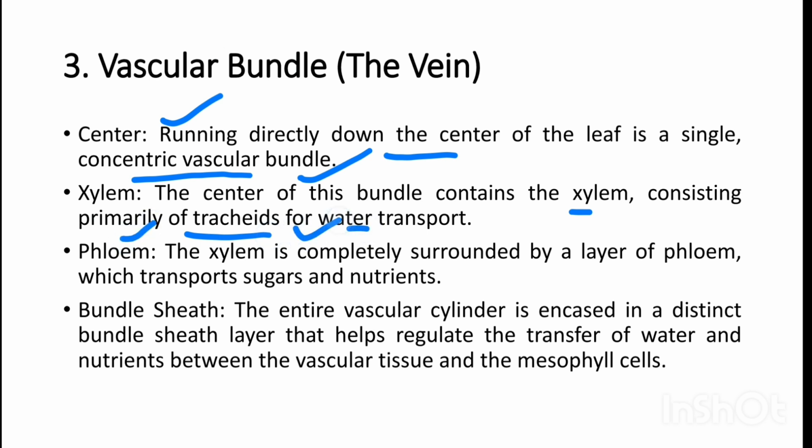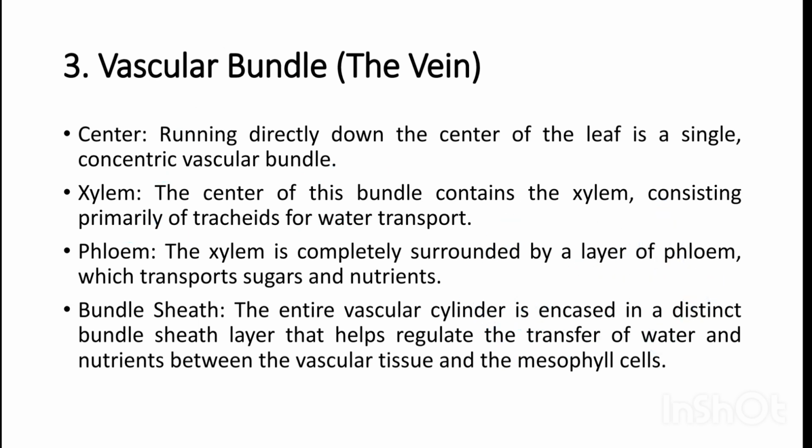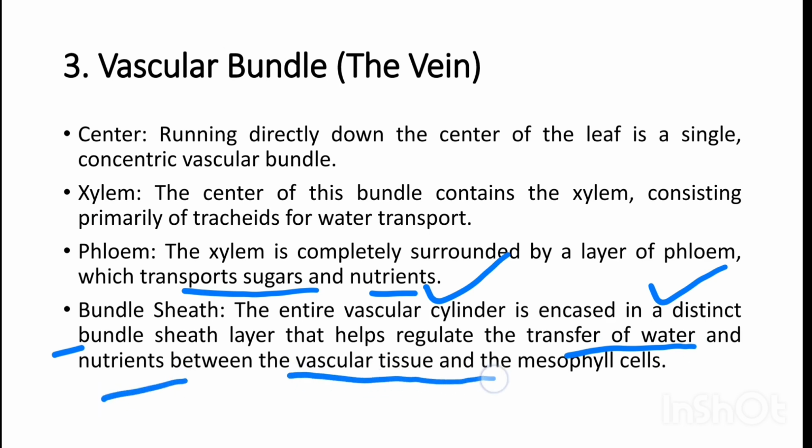The xylem is completely surrounded by a layer of phloem, like this, which helps in the transportation of sugar and nutrients. Then the bundle sheath: the entire vascular bundle is encased in a distinct bundle sheath layer that helps to regulate the transportation of water and nutrients between vascular tissue and mesophyll cells.